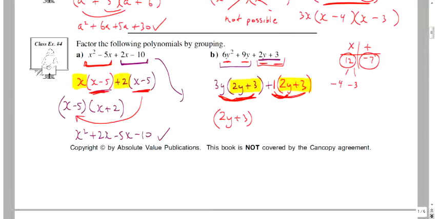What do you have left? Let's use nice green. 3y. If I don't have that plus 1 there, it won't be this. Okay? It won't work. 6y squared, check. 2y, check. 9y, check. 3, check. Okay?